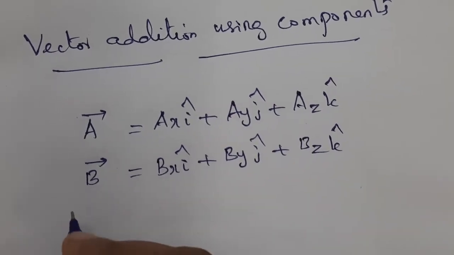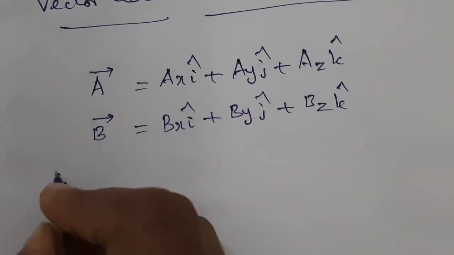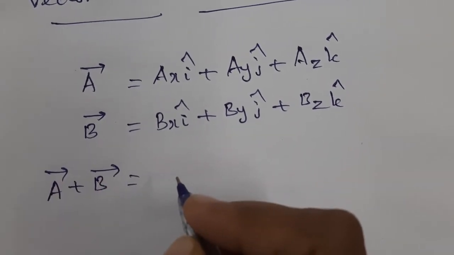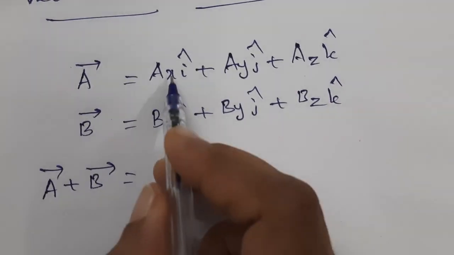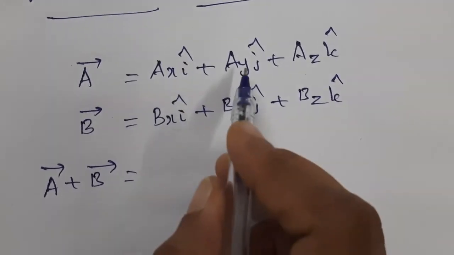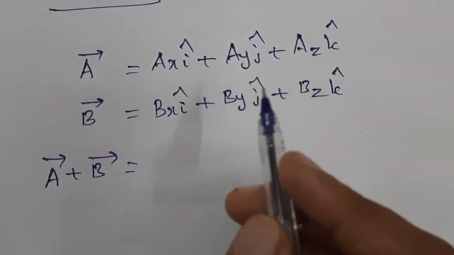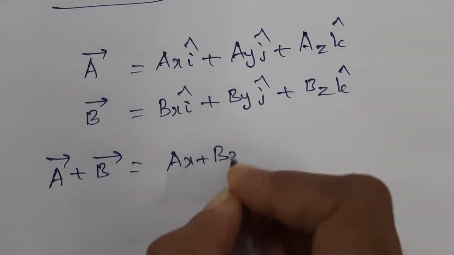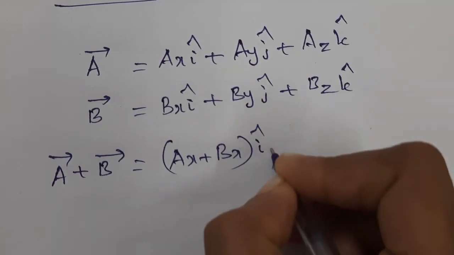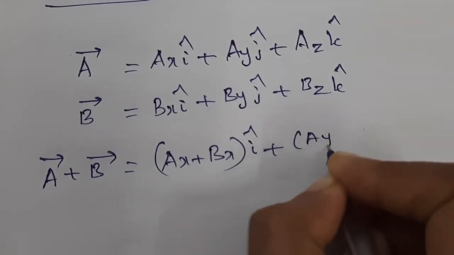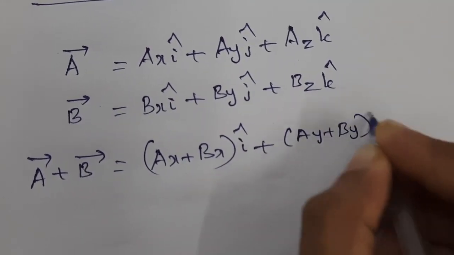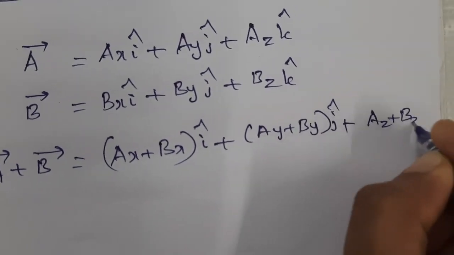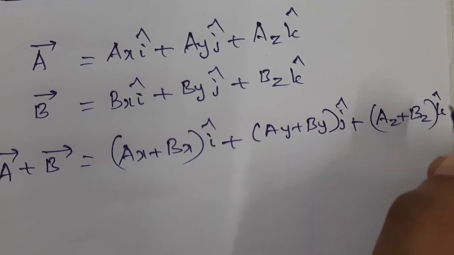Then what is the addition of these two vectors, a vector plus b vector? That is equal to adding their corresponding x, y and z components. That means (ax plus bx) i cap plus (ay plus by) j cap plus (az plus bz) k cap.